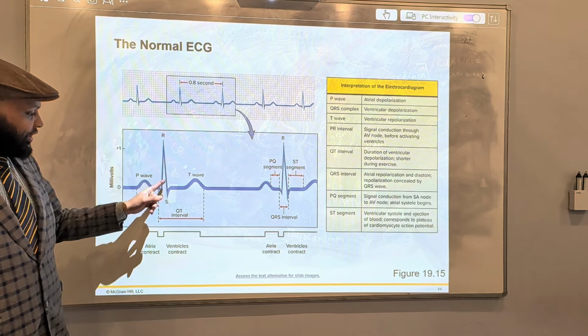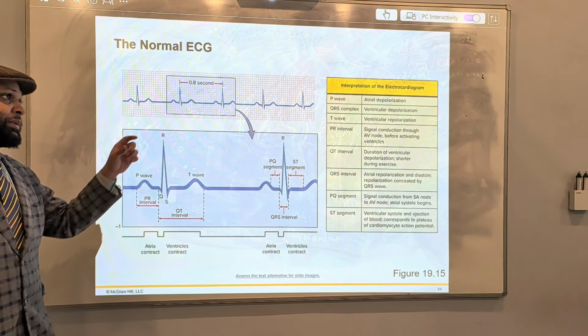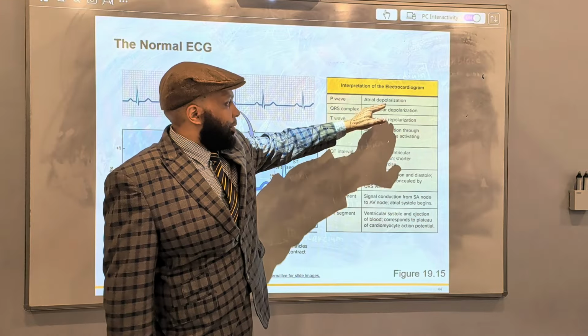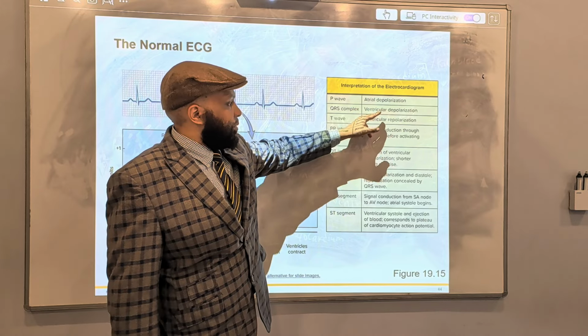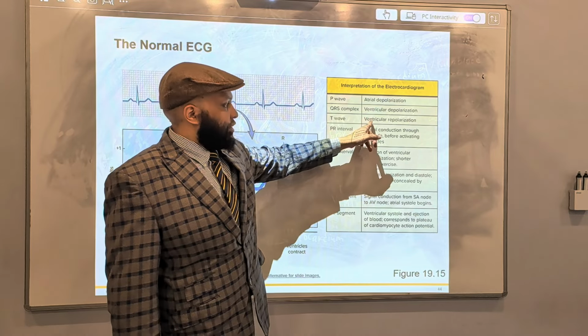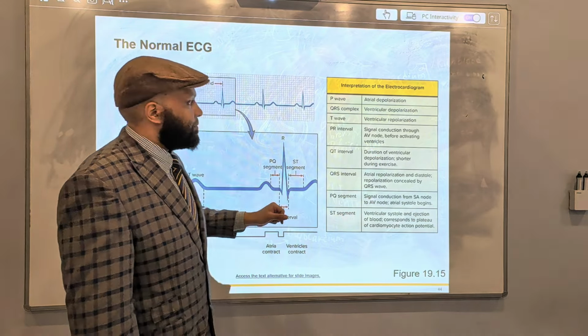Then the ventricular depolarization, which means the atria are now repolarized. So the atrial depolarization, then ventricular depolarization, which means atrial repolarization, then the T wave, ventricular repolarization.